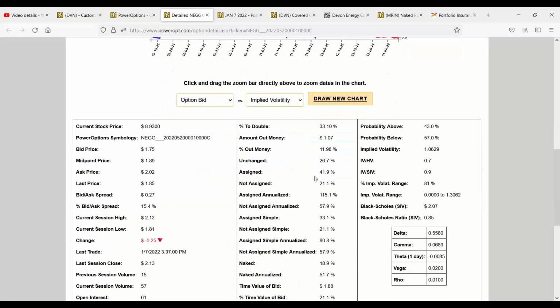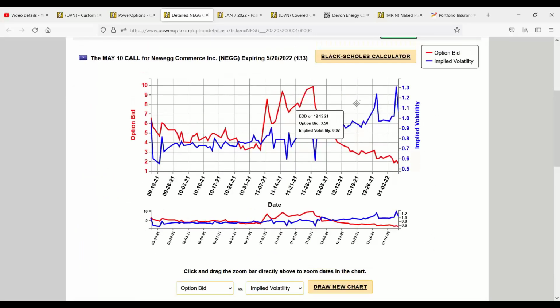In this case, I see that the implied volatility is 1.06. But the percent IV range says from 0 to 1.306, likely before that triggered, probably on a bad day of data. Where's my implied volatility? It's in blue.